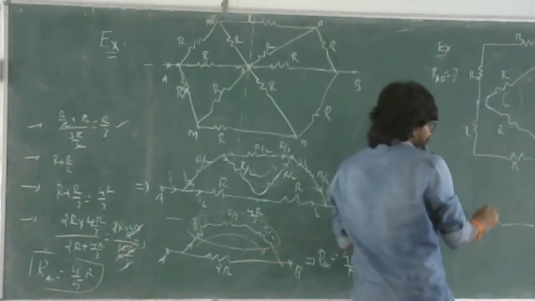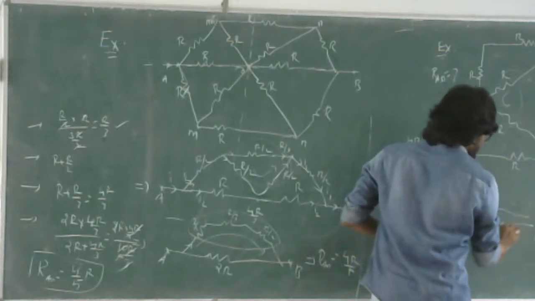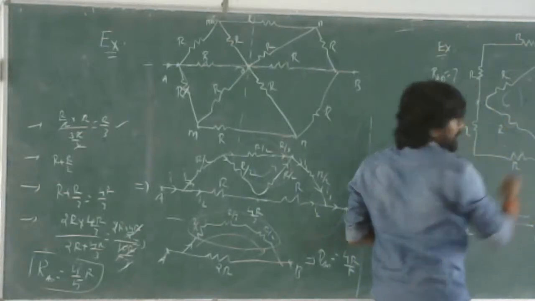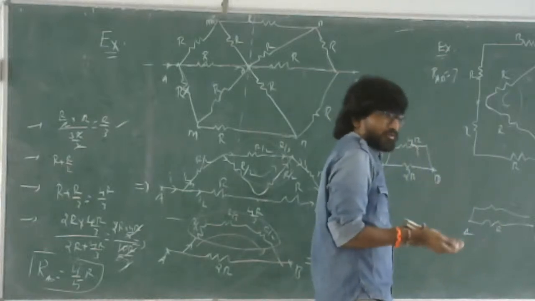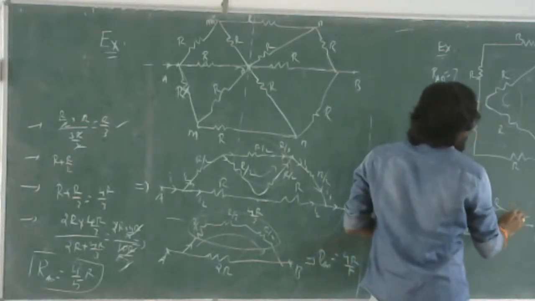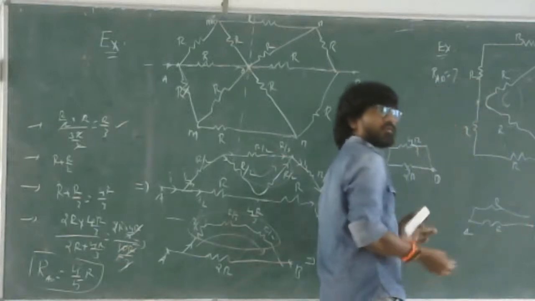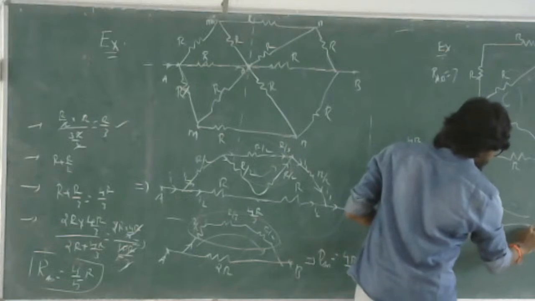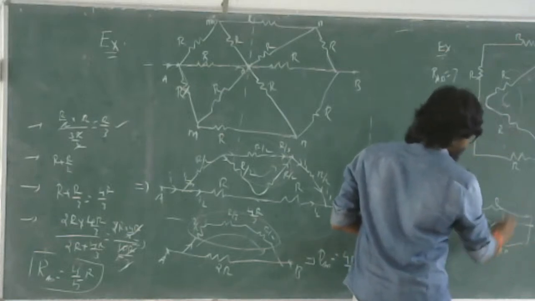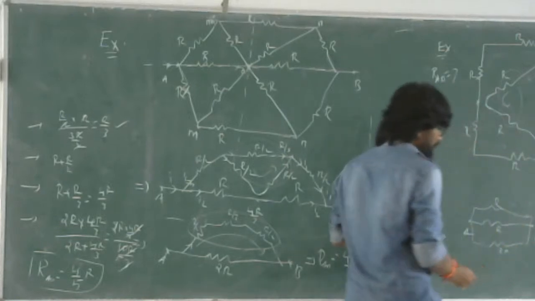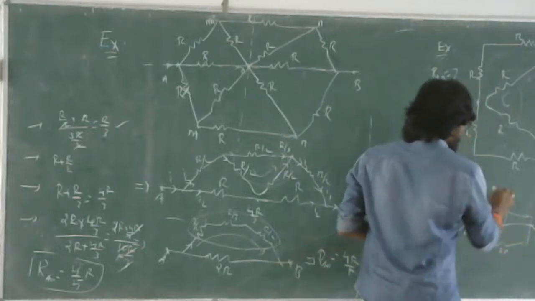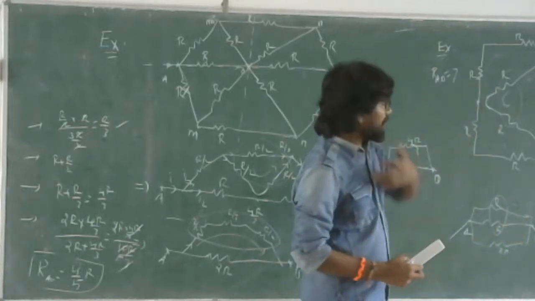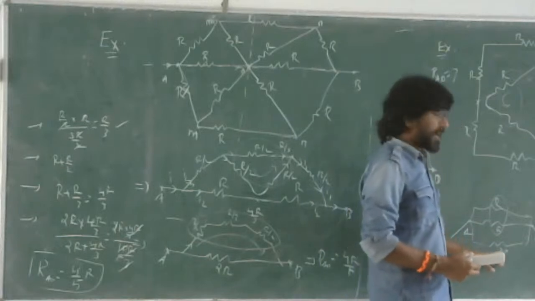So parallel combination of these two, if you reduce, what do you get? This is R, 2R by 2, so R, and this is 4R by 2. What do you get? 2R. So R and 2R, 2R, these are in parallel. So this will give you what? R by 2. And this is in parallel with 2R.